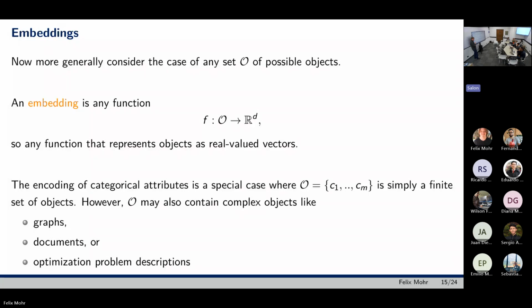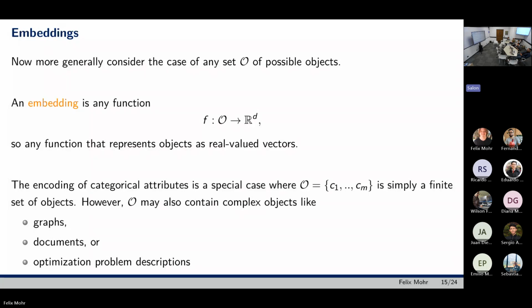So how do I encode an optimization problem like a traveling salesman problem? Or a chemical component, like drug components or whatsoever. So we're saying nothing less than that we now want a mechanism that can take whatever kind of thing and put it into a vector. And any function that achieves this is called an embedding.